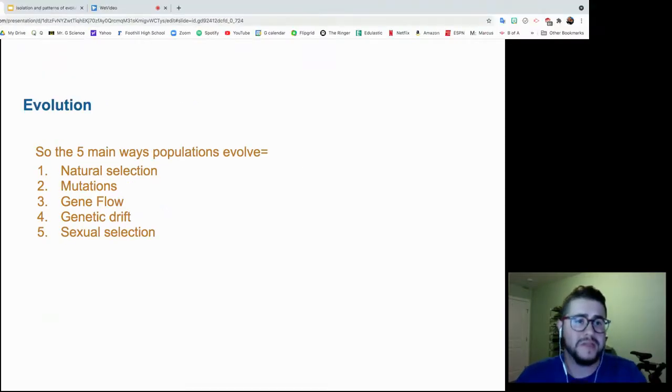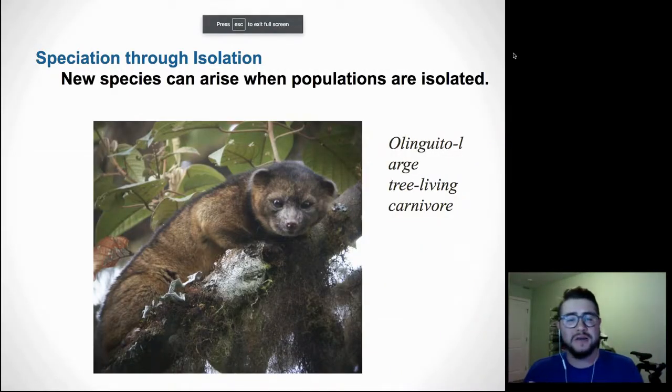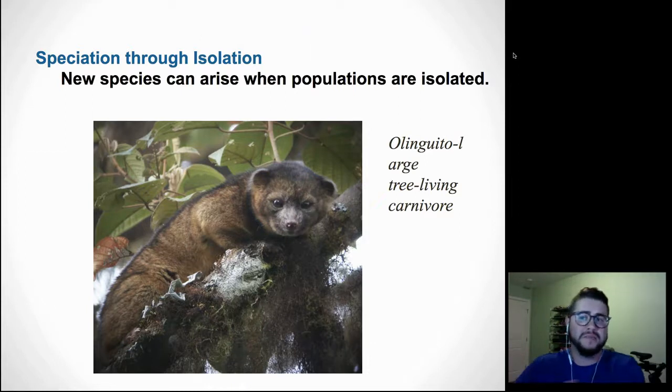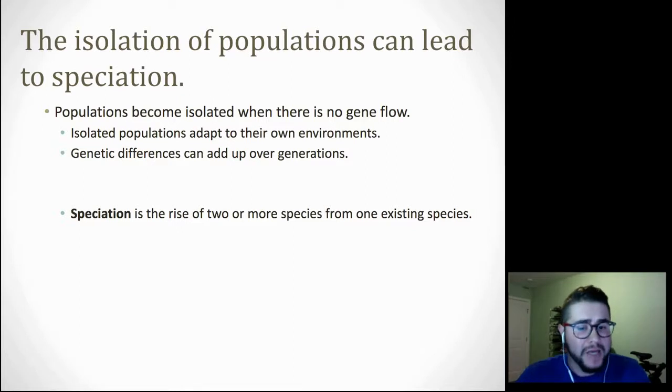So let's transition to talk a little bit about what happens when species evolve so much that they actually turn into different species. And that process is called speciation. What happens in speciation is that there's generally a rise in two or more species from an existing species, and it happens generally because populations of animals can become isolated from each other when there's no gene flow.